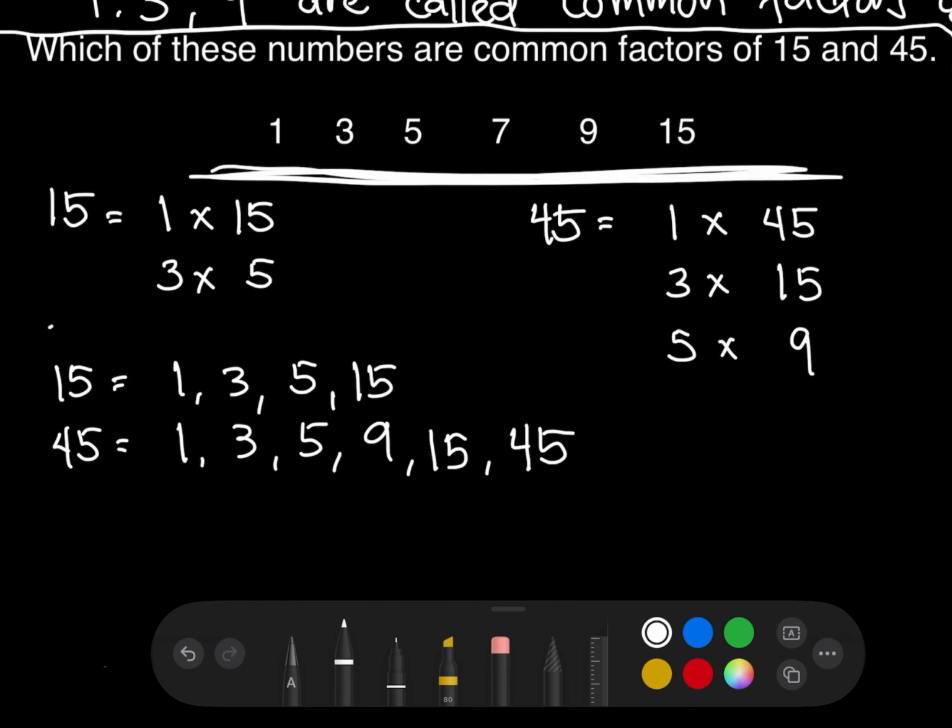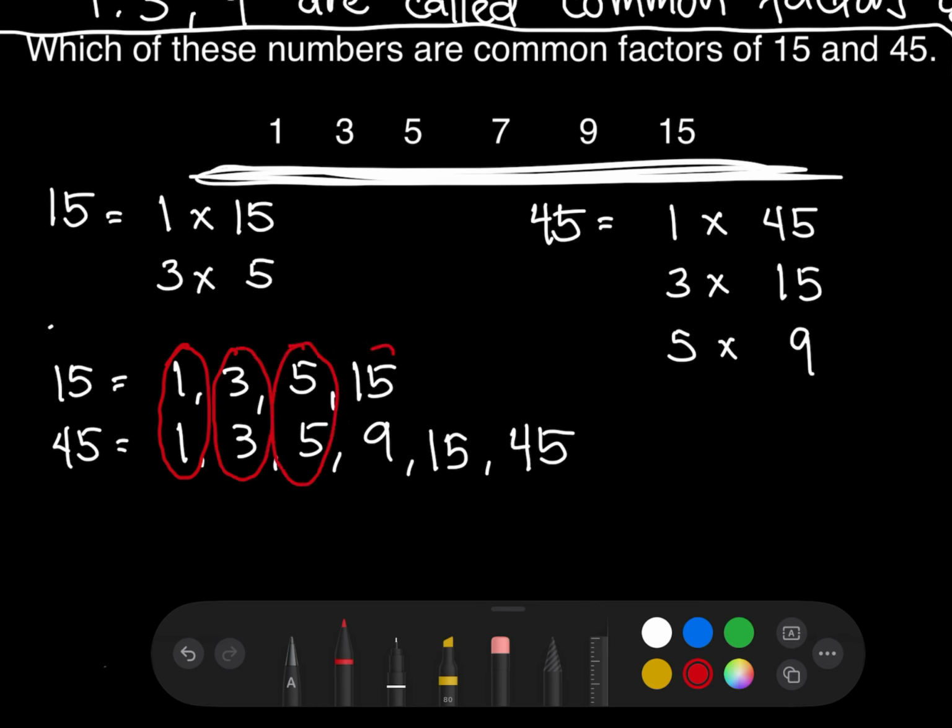Look at the choices from the list. Which of these numbers are common? The common factors of 15 and 45 are 1, 3, 5, and 15.